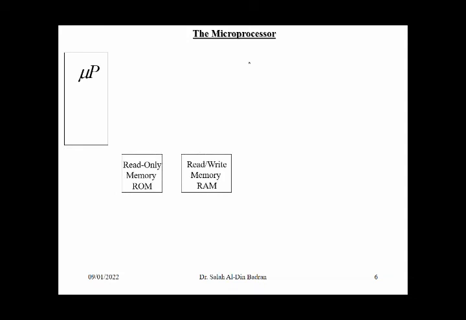Now let's have a look at the simple architecture of the microprocessor. See what we have here. This is a microprocessor, or we also call it the CPU, Central Processing Unit.